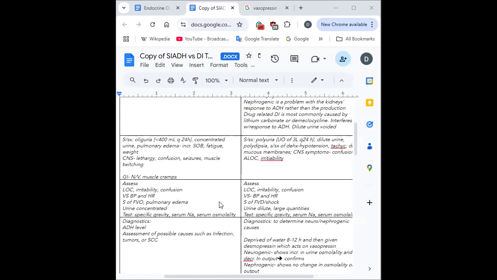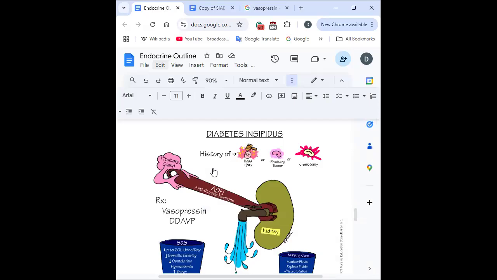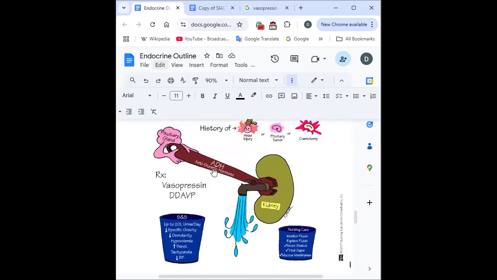Hopefully this helps as well. I'll give you guys that first again. Any questions on DI or SIADH? I like the roll. It's fun.